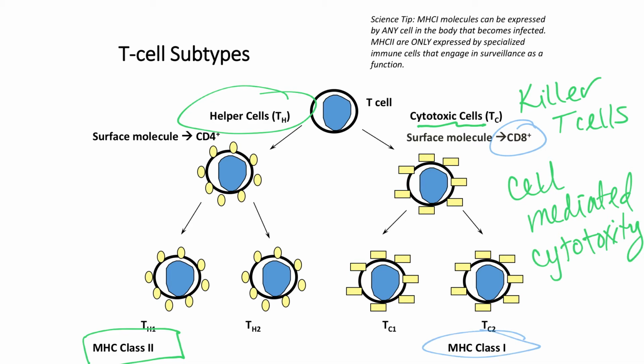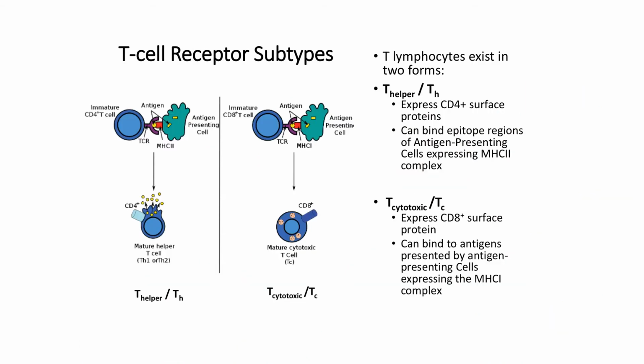That means that CD8 positive cells are responding to cells that are normal in the body that have become infected, whereas T helper cells are responding to things like macrophages who are on the lookout for foreign material. So they're called in to start this process when there's foreign material, whereas killer T cells are engaged in this process when normal cells of the body become infected.